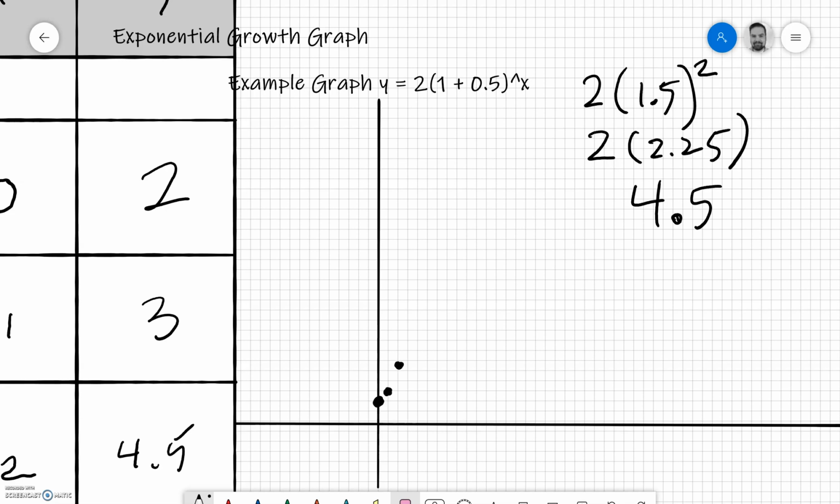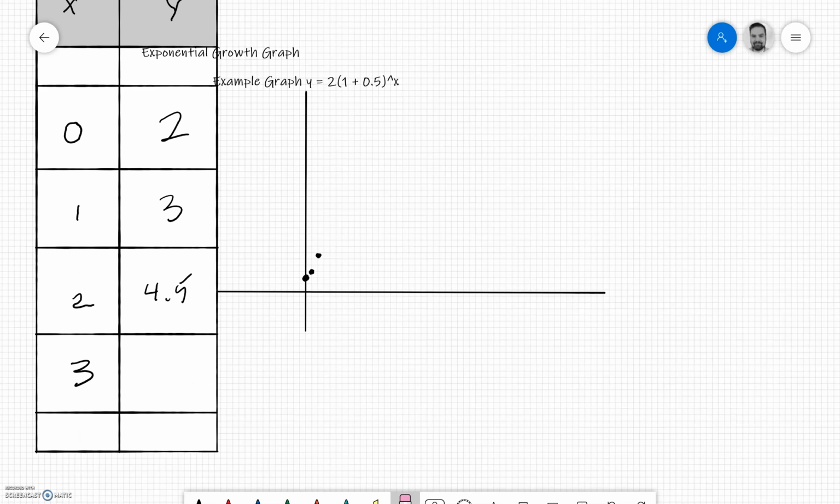If I go just one more, I think we'll really get a sense of how this thing takes off. I'm going to plug in 3, and that's going to give me 2 times 1.5 to the third power. 1.5 to the third power is 1.5 times 1.5 times 1.5, and that's going to be equal to 4.5 times 1.5, which is 6.75.